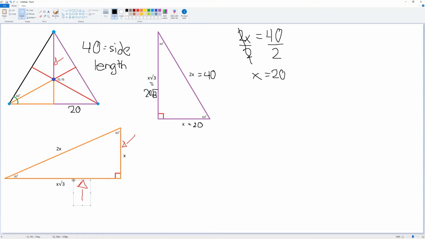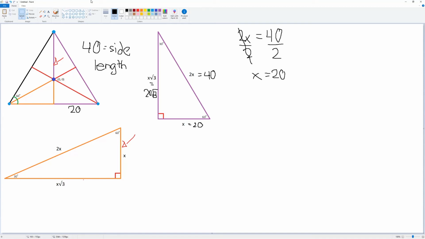Now, this triangle has similar labels, but we know that this bottom side right here is the same side that we're looking at over here in our triangle. We already said over here that that side is 20. So it's going to be the same over here.